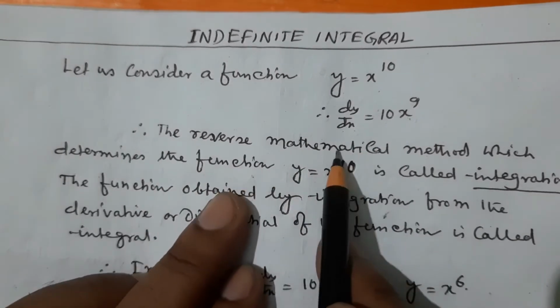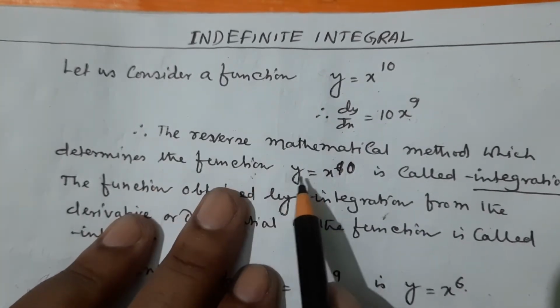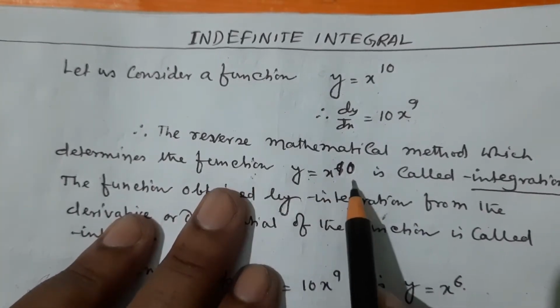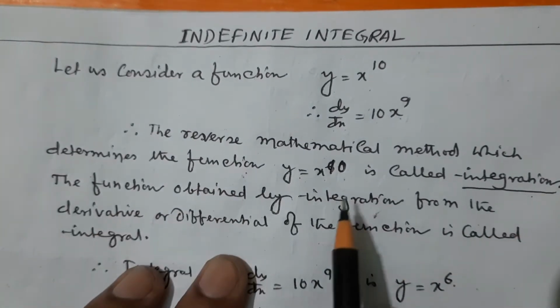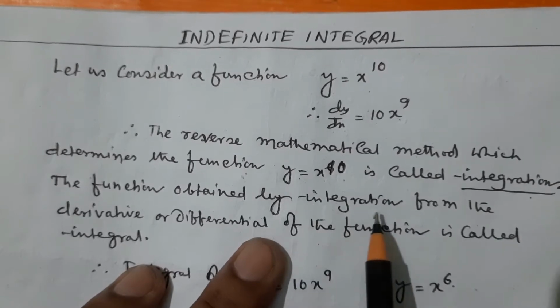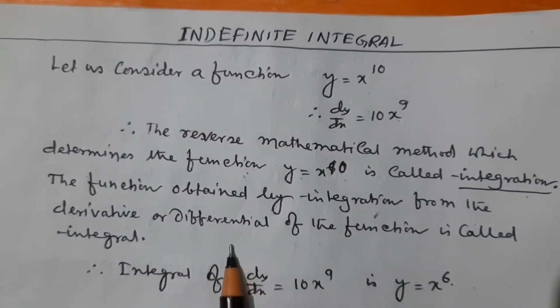Therefore, the reverse mathematical method which determines the function y equals x to the power 10 is called integration, and the function obtained by integration from the derivative or differential of the function is called the integral.